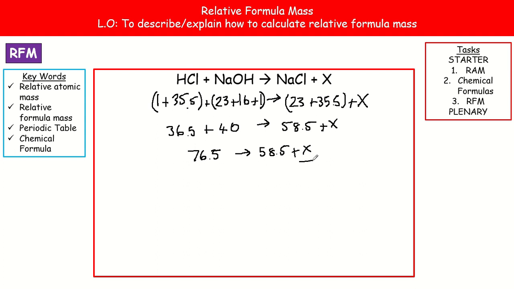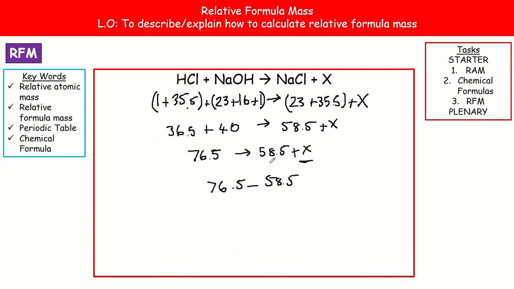Then to work out what X is here, all we need to do is 76.5 minus our 58.5. Because obviously, if the sum of all of these chemicals has to add up to the sum of all of these chemicals, we know everything on the left is 76.5.